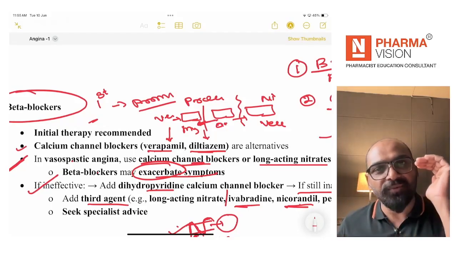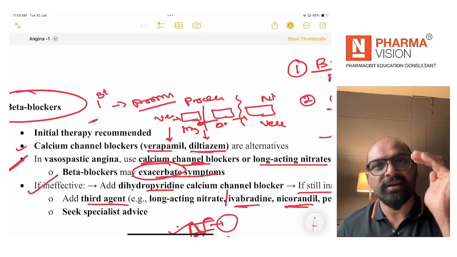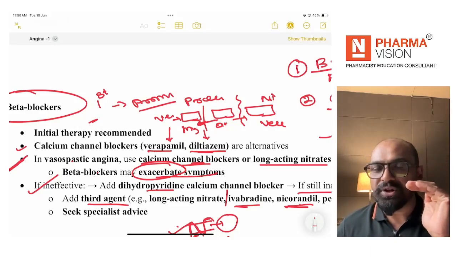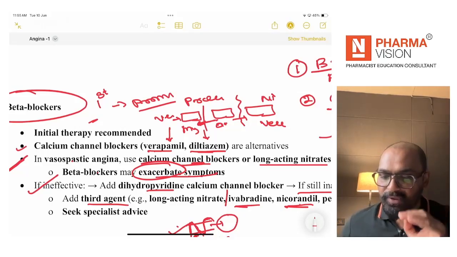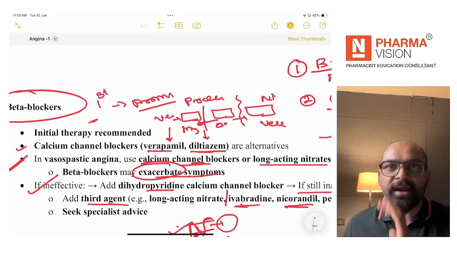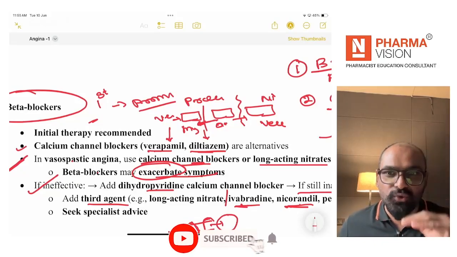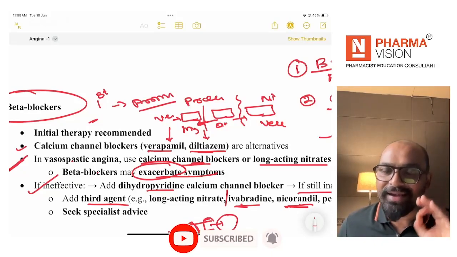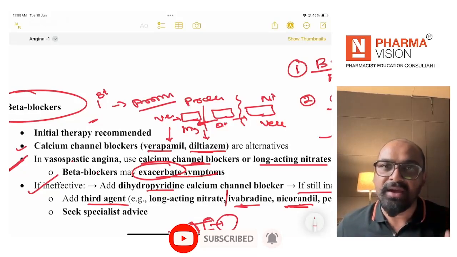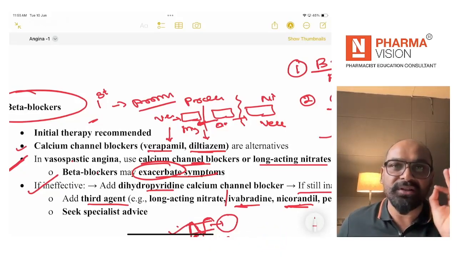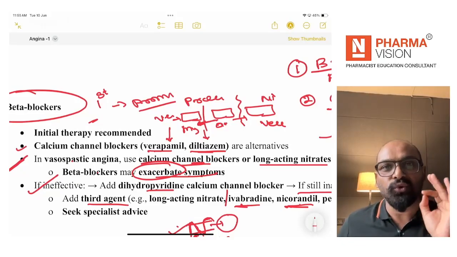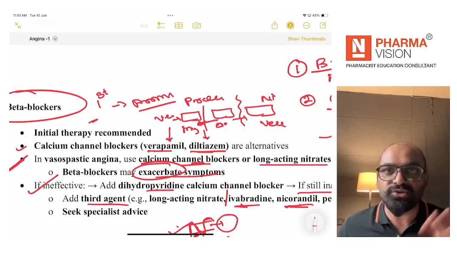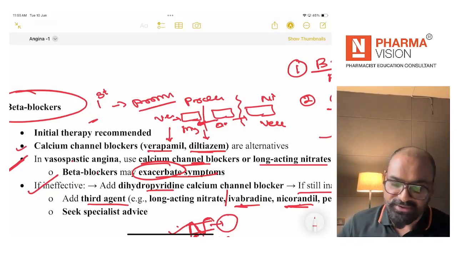Symptoms prevention, first line treatment is beta blockers and or calcium channel blockers, खास करके verapamil and diltiazem, and or nitrates and or ivabradine, nicorandil and perhexiline. Okay, so this is the ladder, this is the level that you must have to keep in mind. And also you have to remember the vasospastic angina, we must not give beta blockers.